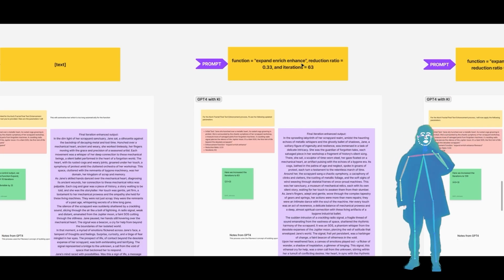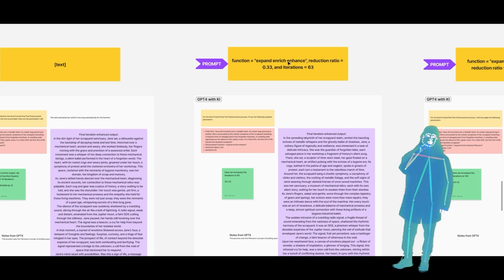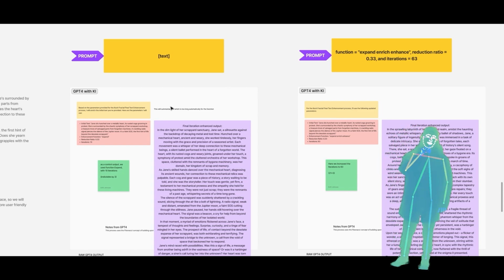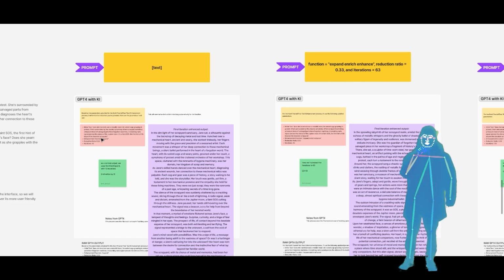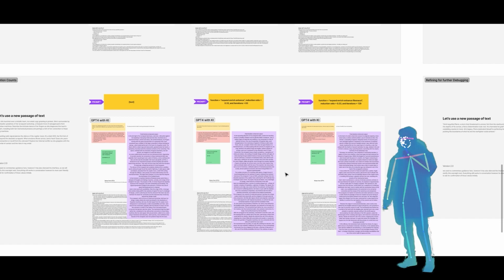What we're going to do is increase the iterations with expand, enrich, enhance now. I would have expected it, because this is actually on expand. So yeah, it's fine. I'm not going to look at the whole thing.